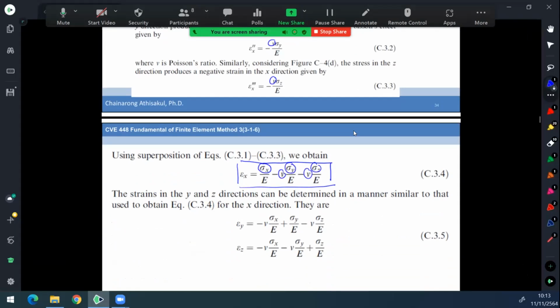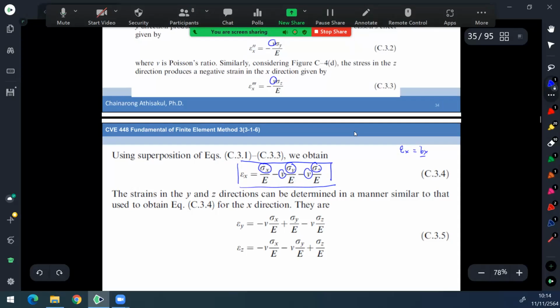So epsilon x for 3 dimensions is not just sigma x over E anymore, like the 1-dimensional problems that we have solved for the truss, bar, frame, and beam problems. We already defined epsilon x equal to sigma x over E, just this, because it is a 1-dimensional problem. But in 2 and 3 dimensions, we have to include the Poisson effect also. That's why we have the strain and stress relation like this equation. It's composed of 3 equations like this.